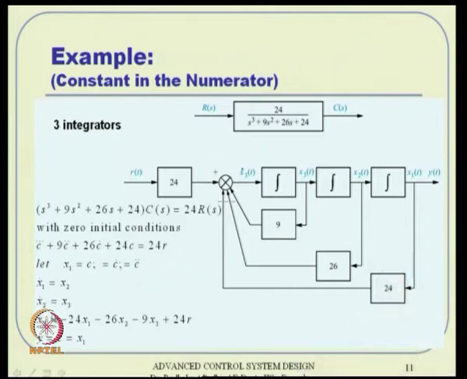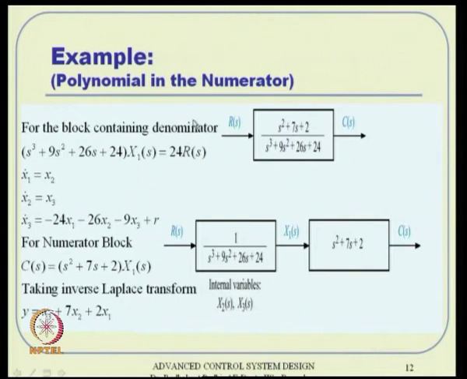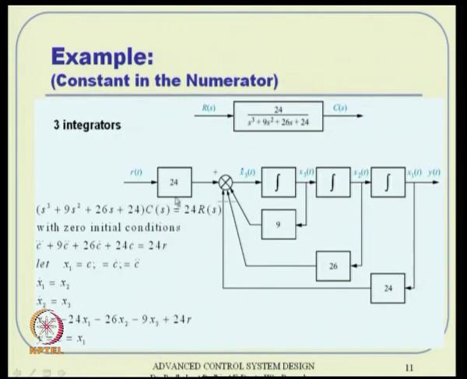Then x1 dot is x2, x2 dot is x3, and x3 dot is given by all these things that you see here. So y equal to c, if I take, is x1. I will be able to proceed further and write it in the form of state space representation.